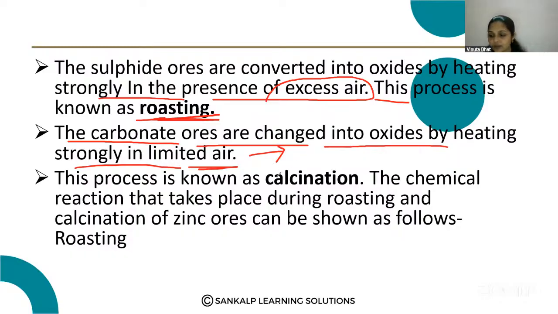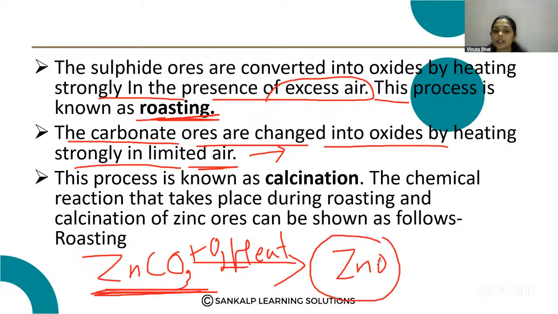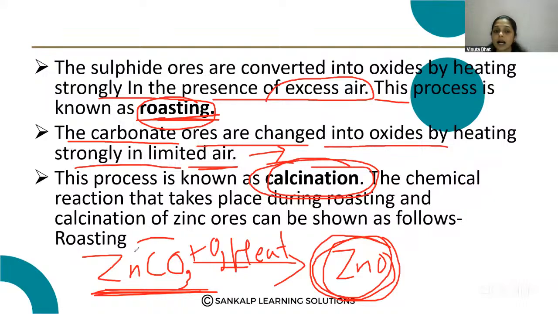We studied that. Here, the carbonate ores, for example zinc carbonate, ZnCO3, is converted into zinc oxide by heating in limited air. This process of converting the carbonate ores into oxide is called calcination. The roasting process is used for the sulfide ores, and the word calcination is used for the carbonate ores.